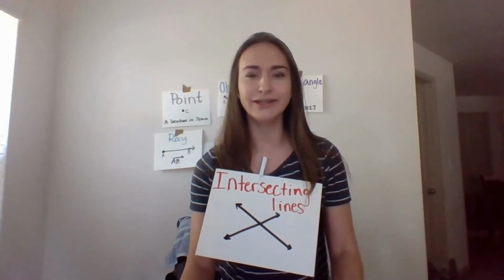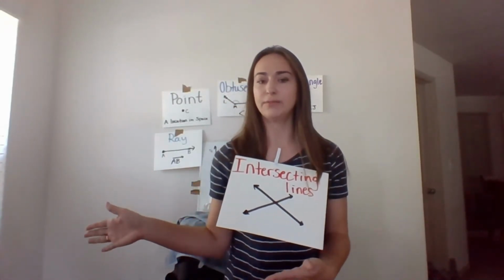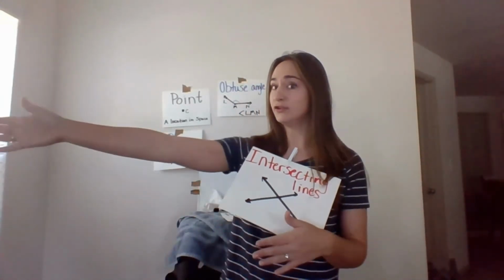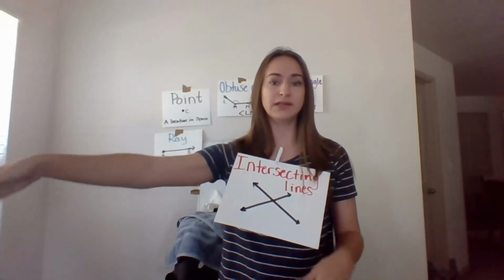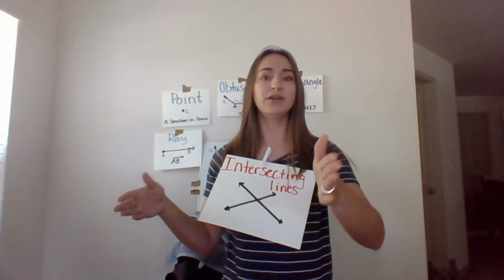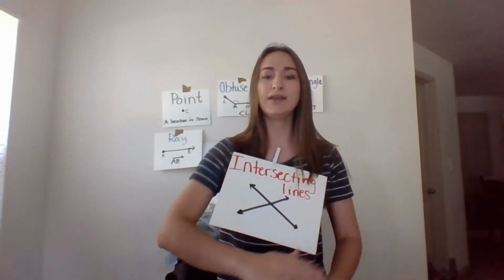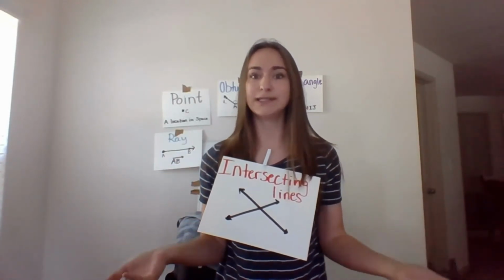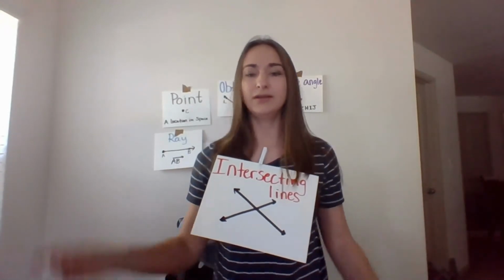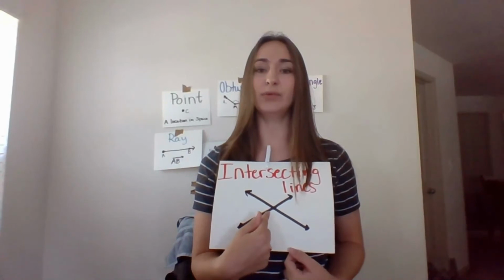You're waiting at the red light, and then your light turns green, so you go through that intersection. You're intersecting the other road. That's another way you can connect it to the real world. So intersecting lines come together at one point.